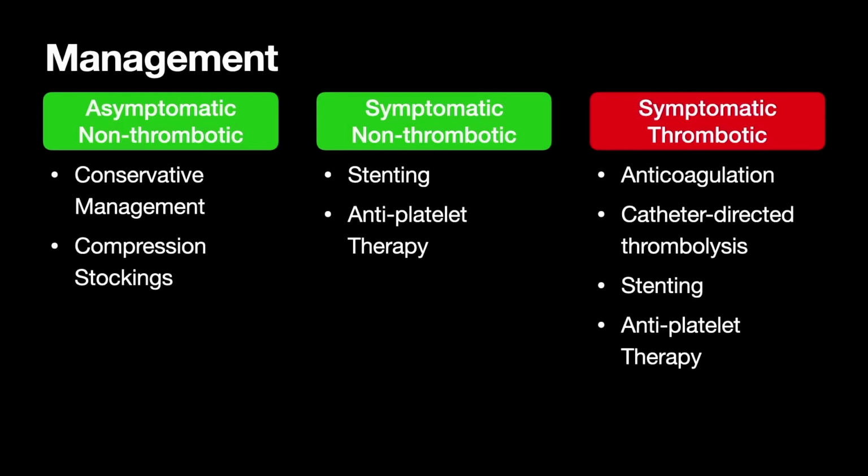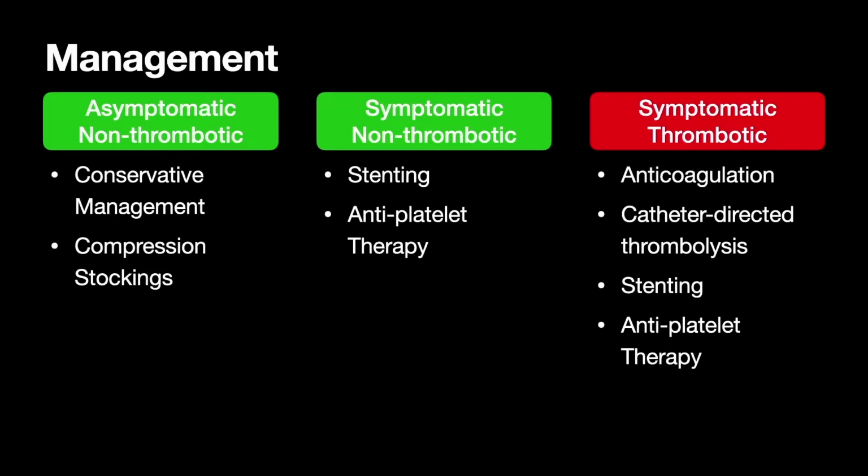But the question that we need to know is, what do we do about this, right? So assuming we make the diagnosis, or at least presume the diagnosis in the emergency department, how do we manage these patients with May-Thurner syndrome, right? I think we can break it down into three broad categories. We can describe some cross-section between their symptoms, like symptomatic or asymptomatic, and then thrombotic or non-thrombotic, right?